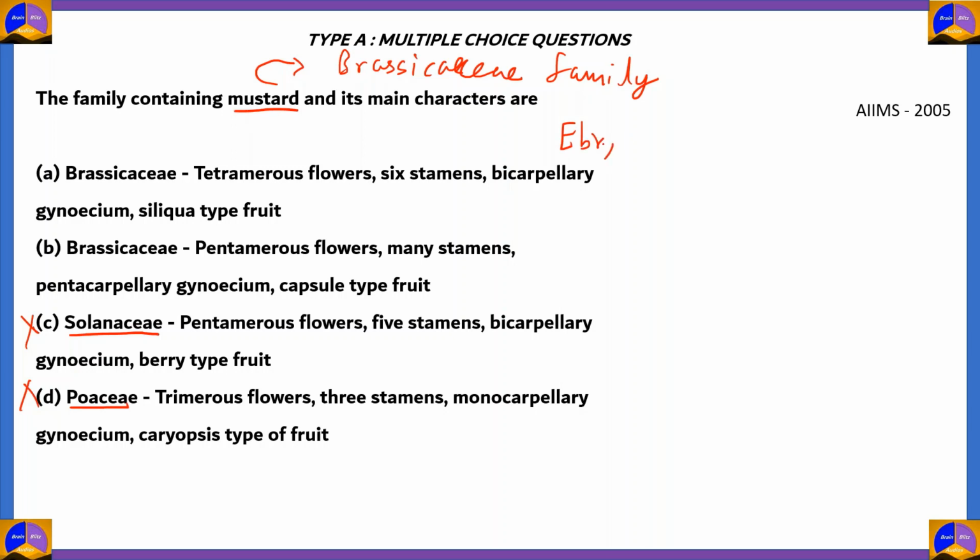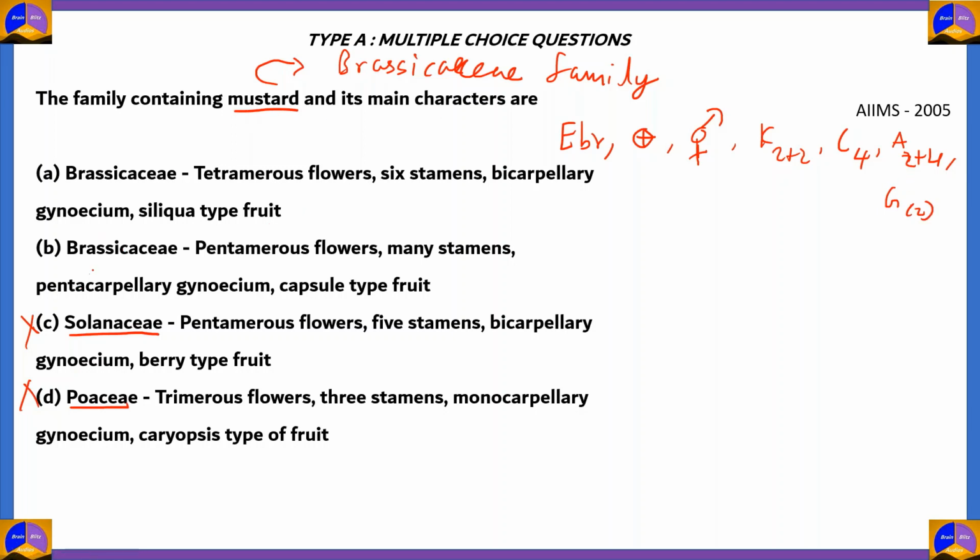So we have ebracteate, actinomorphic flowers, which are bisexual, and it contains a calyx 2+2, a corolla 4, an androecium A2+4, and a gynoecium 2.